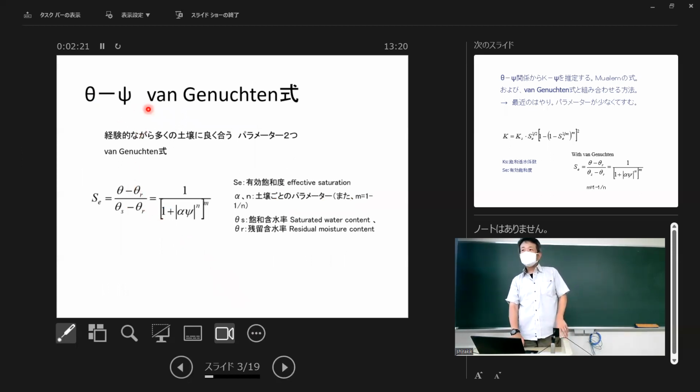シータプサイ、バンゲヌフテンって読むのかな、この読み方、いまだによくわかんないんだけども、surely this is called バンゲヌフテン or some people say バンゲヌホテン, this is a researcher's name, so it's better to ask him. バンゲヌフテン式 equation, this is for the theta psi, but this is the last time's topic. Yes, it's okay.